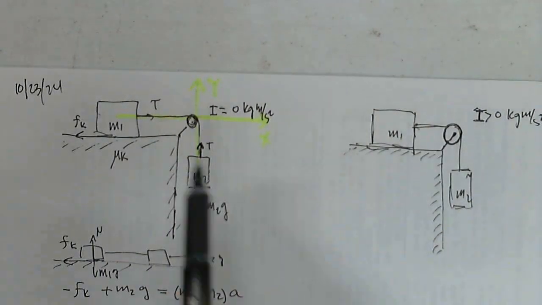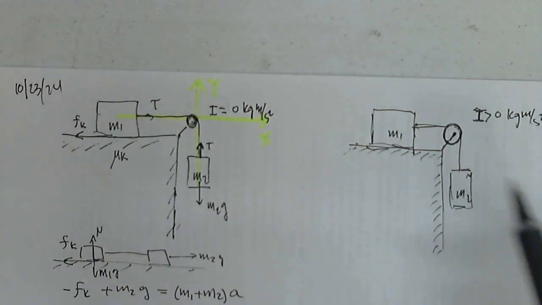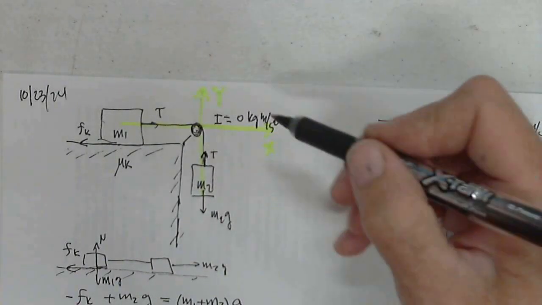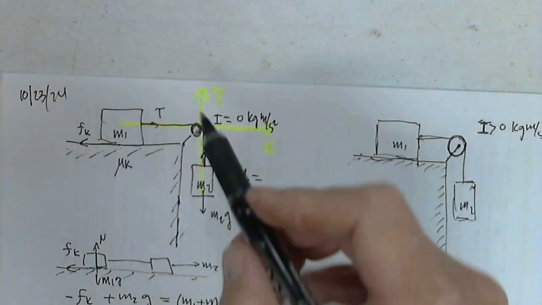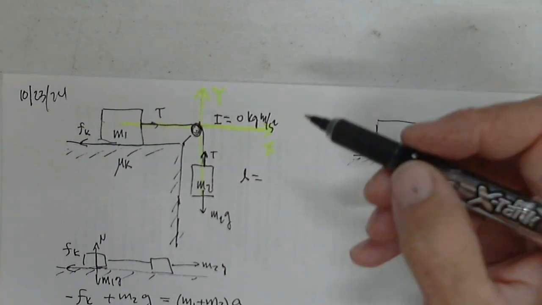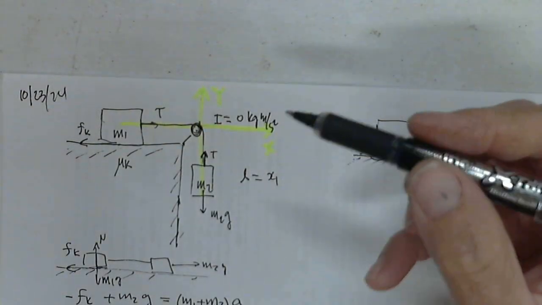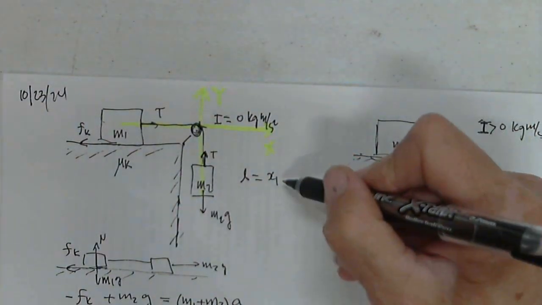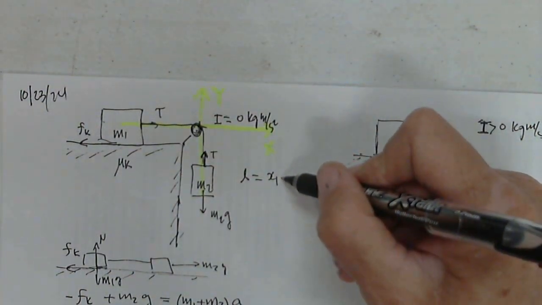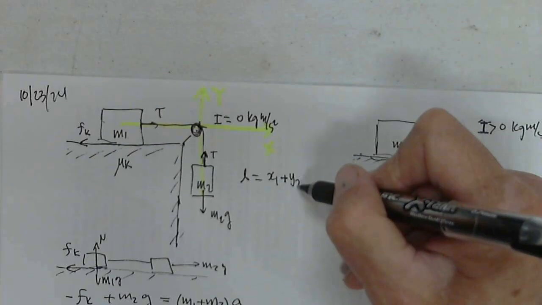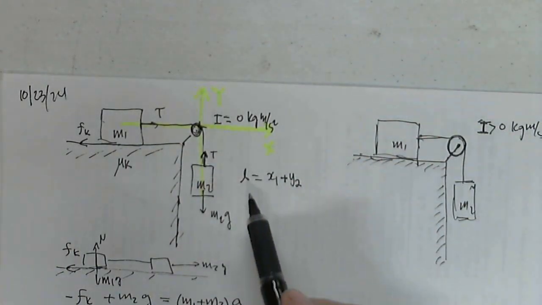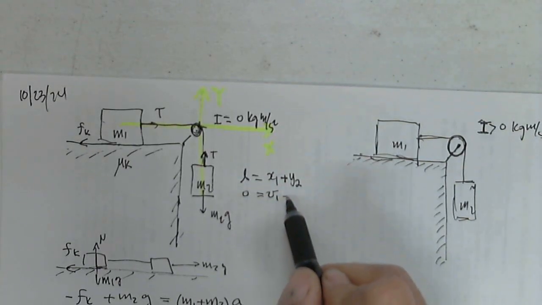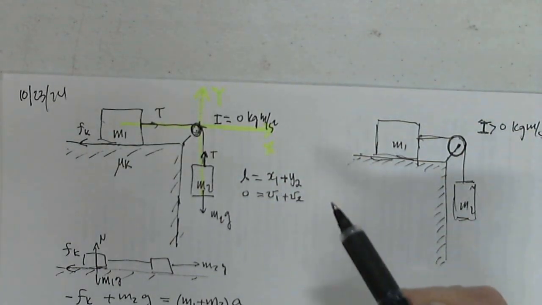So the length of the string is constant, let's call it L, is this piece over here that is x1, and this piece over here that is y2 for the object. And if you take the first derivative, the derivative of a constant is 0, so this is v1 plus v2.